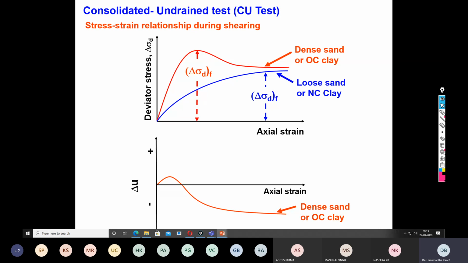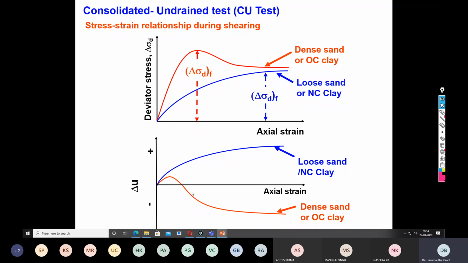This is in case of loose sand or normally consolidated clay, and this is the pore water pressure development in case of loose sand or normally consolidated clay. So I explained the mechanism of why the stress strain behavior is like this for loose sand or normally consolidated clay, and with a hump followed by a decrease in stress in case of dense sand or over consolidated clay.